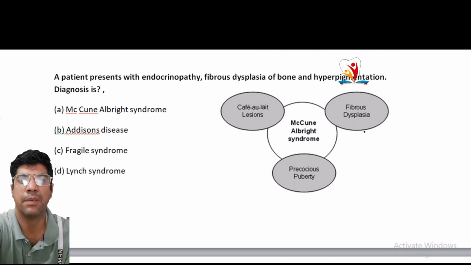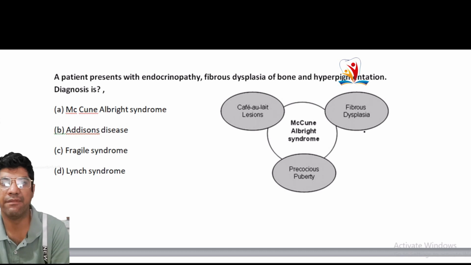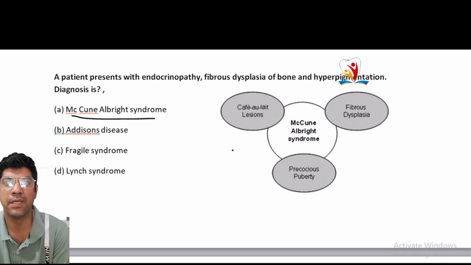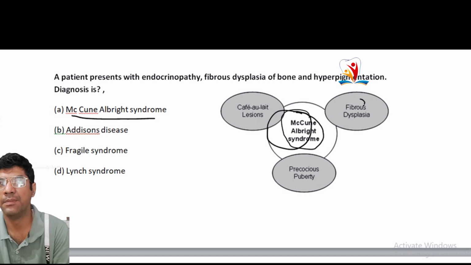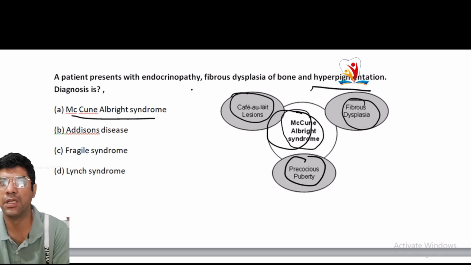Moving to the next question, a patient presents with endocrinopathy, fibrous dysplasia of the bone, and hyperpigmentation. Your diagnosis will be McCune-Albright syndrome. McCune-Albright syndrome includes fibrous dysplasia, cafe-au-lait spots, and precocious puberty.